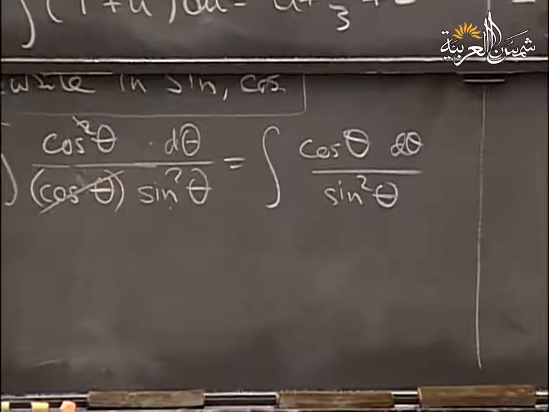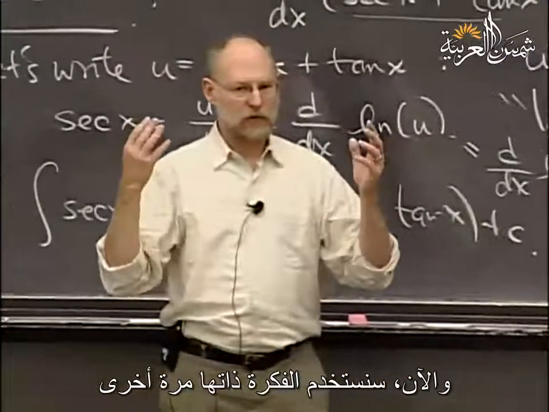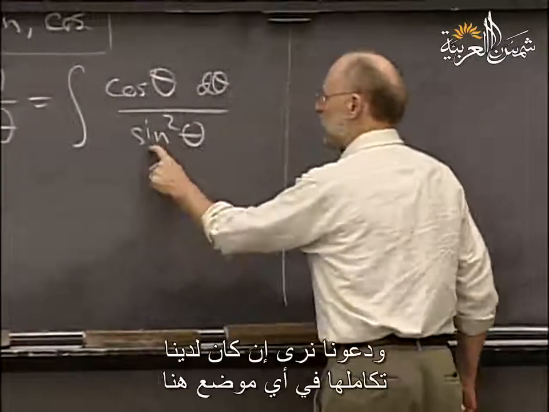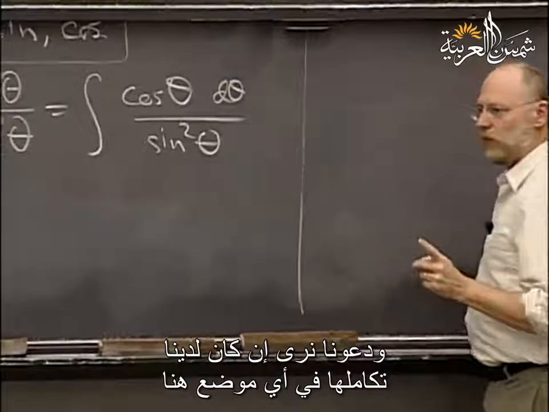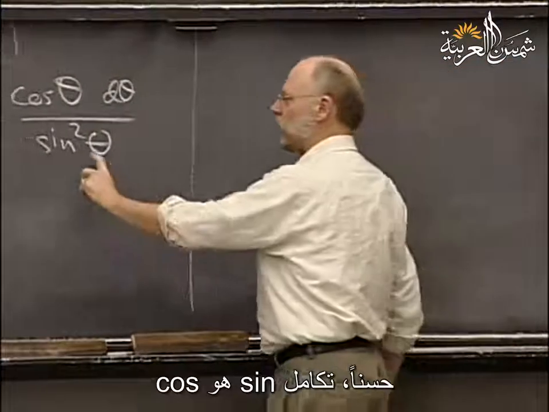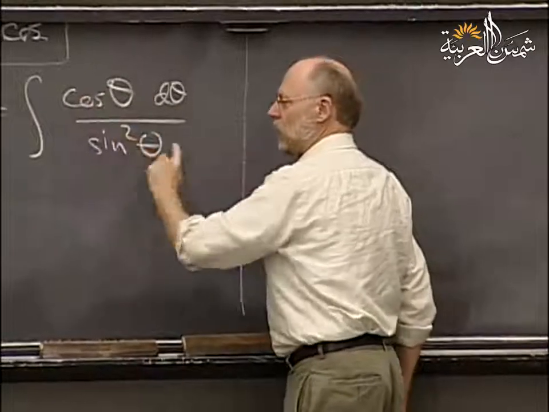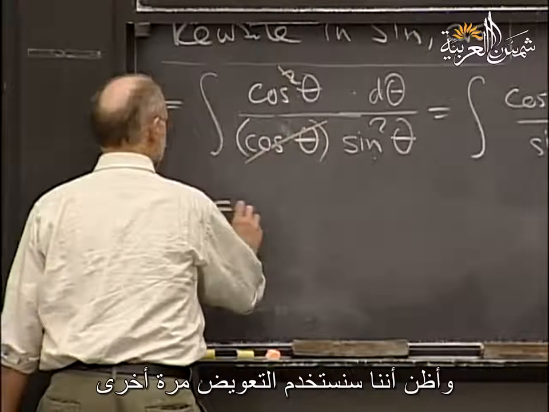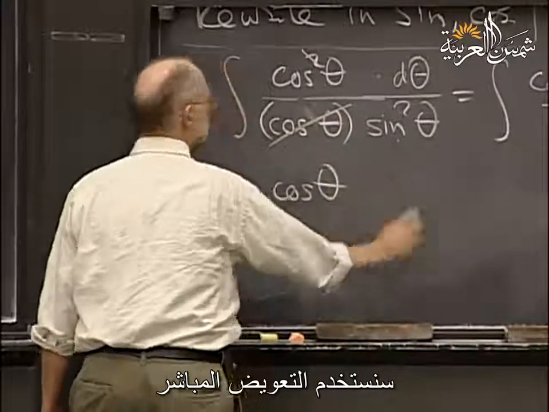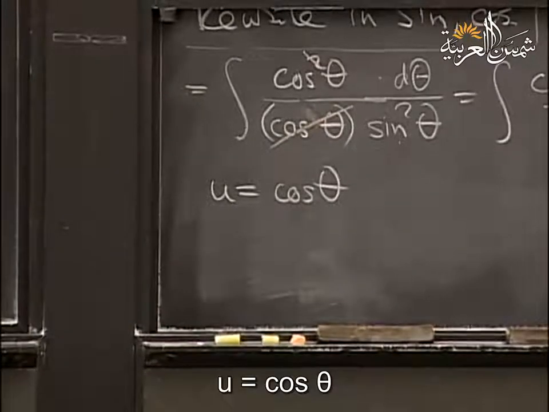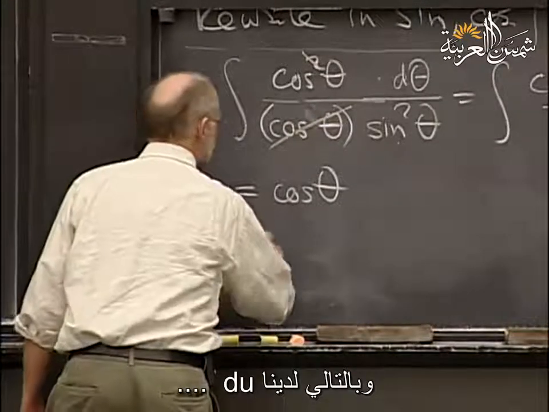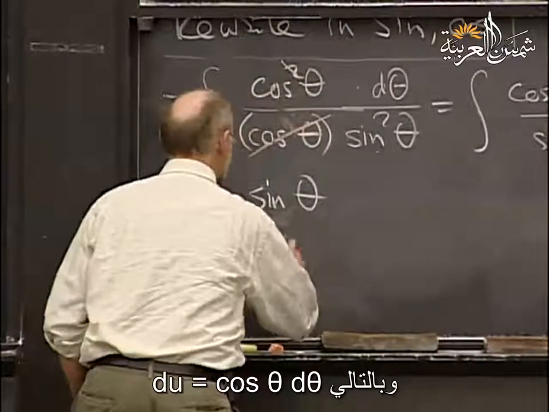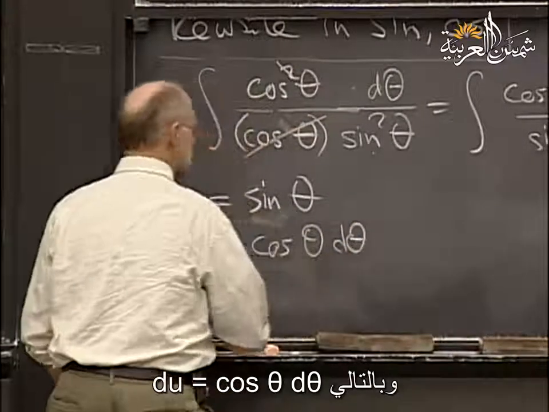That's a little simpler. And it puts me in a position to use the same idea I just used. I see the sine here. I might look around in this integral to see if its derivative occurs anywhere. The differential of the sine is the cosine. And so I'm very much inclined to make another substitution, say u, a direct substitution this time, and say u is the sine of theta, because then du is cosine of theta d theta.